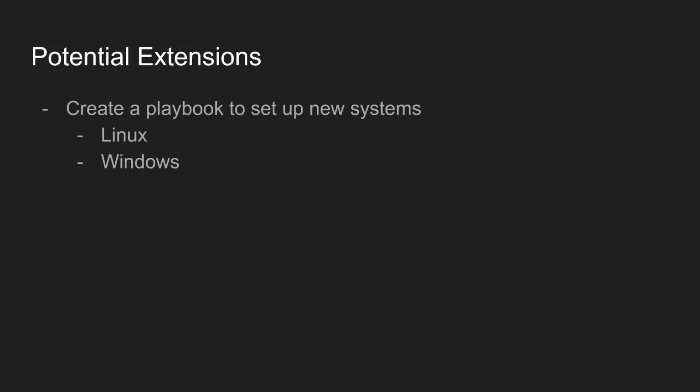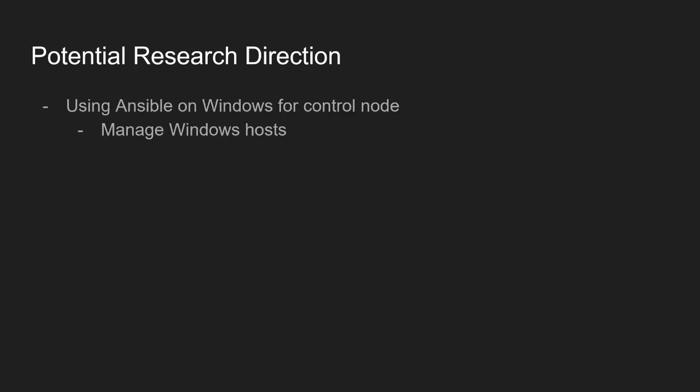Now, Ansible is a great tool for automation. So one idea to pursue is creating a playbook which sets up a new system, either Linux or Windows, with the specific configurations that the user would like. Now, a potential research direction is to be able to use Ansible on Windows as a control node.